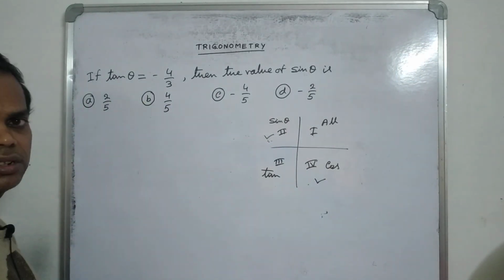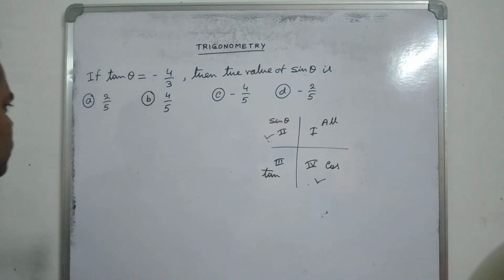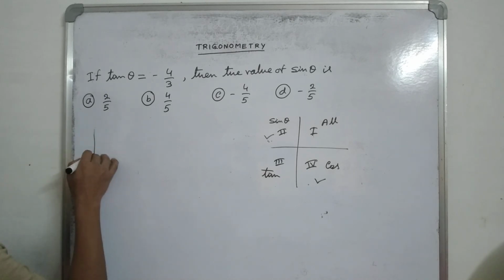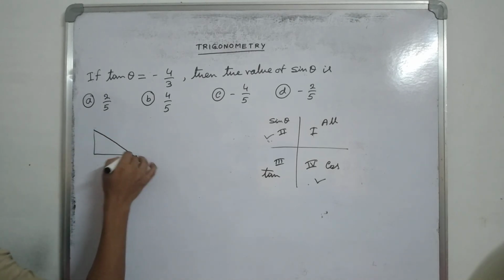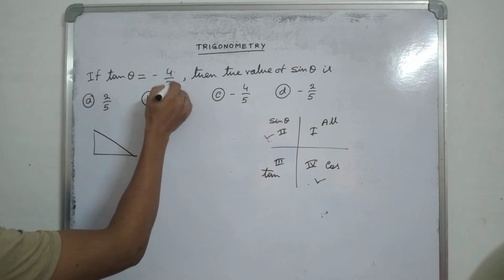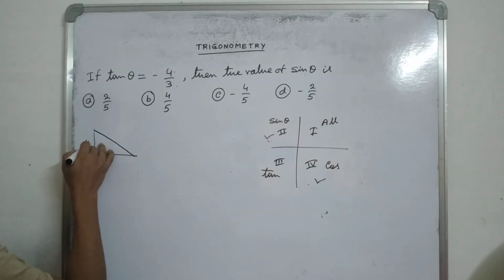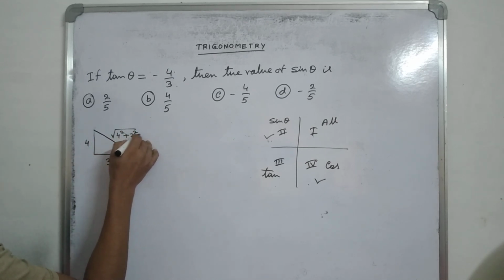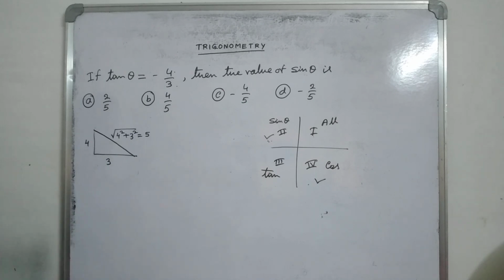because here tan theta is negative. By the property of triangles, tan theta is perpendicular by base. This one is perpendicular, this one is base, and the hypotenuse is root of 4 square plus 3 square, that is 5.